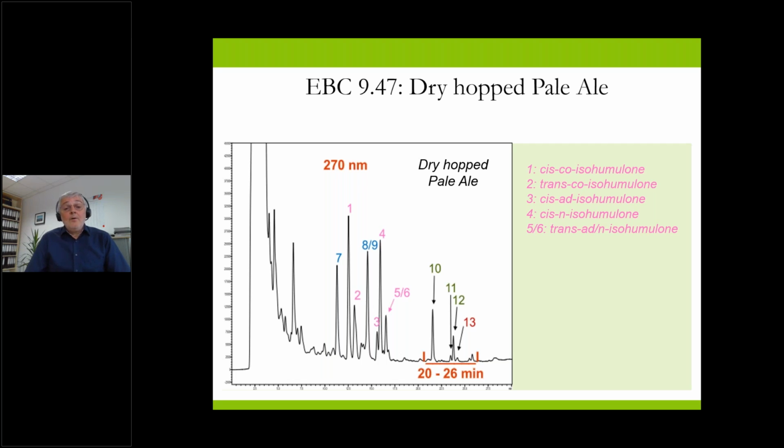And here now you have the chromatogram that you get from a dry hop beer with this method. It's much more complex, as you can see here.